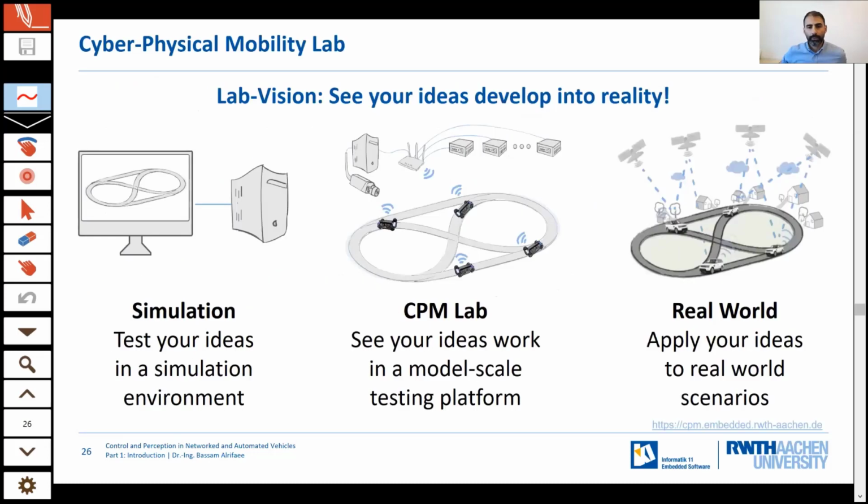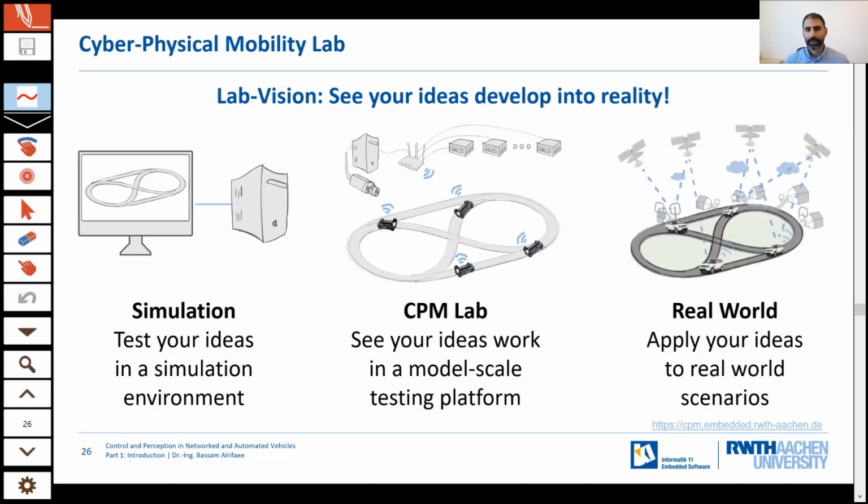So this is an overview of the lab. On the left, you see simulation. Of course, you can test your ideas in simulation, but it's not very exciting. It's more exciting to see what you have done in reality, somehow physical and driving. That's why we built the lab. The idea is to see your ideas develop into reality.